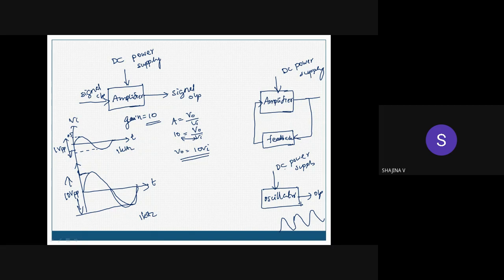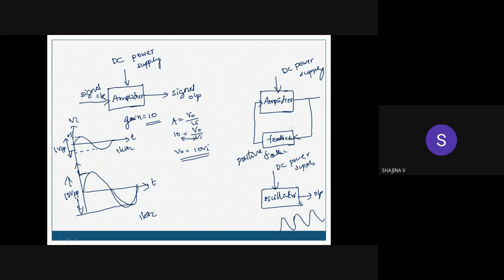So actually, an oscillator is an amplifier with a feedback network. One more thing you have to remember, here you will be using positive feedback. In the topologies we discussed earlier, negative feedback was used. Here we are using positive feedback. In an oscillator, the feedback will be positive. Remember that point as a must. So, more specifically, an oscillator circuit consists of an amplifier with a positive feedback network.